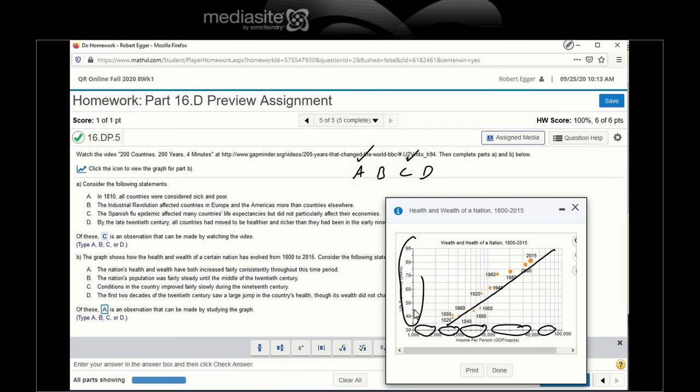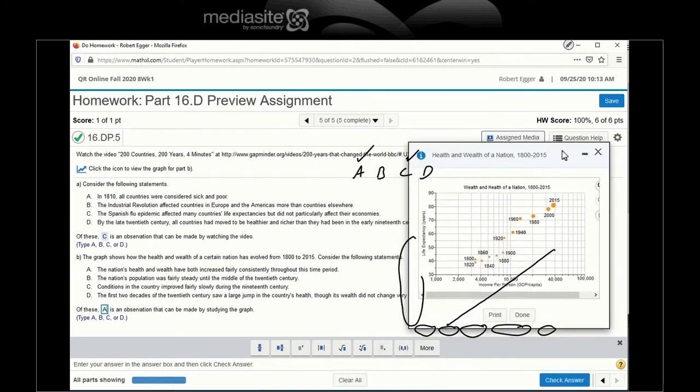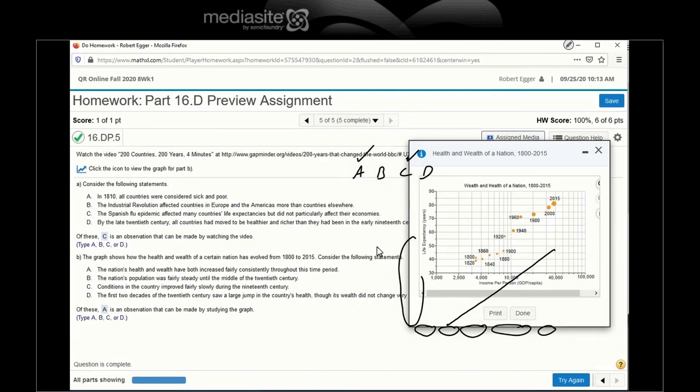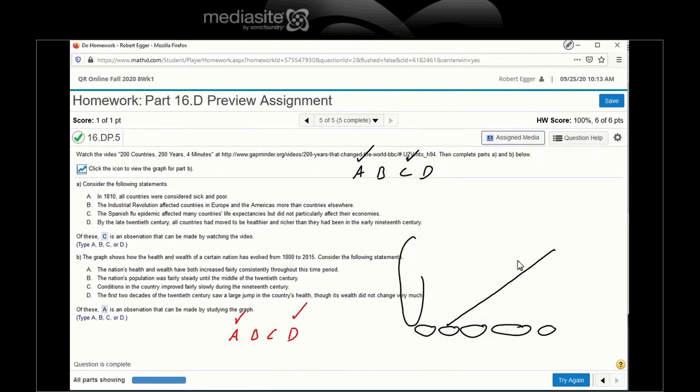Let's try A. I think it's going to be wrong. Well, hit me with a wet noodle.